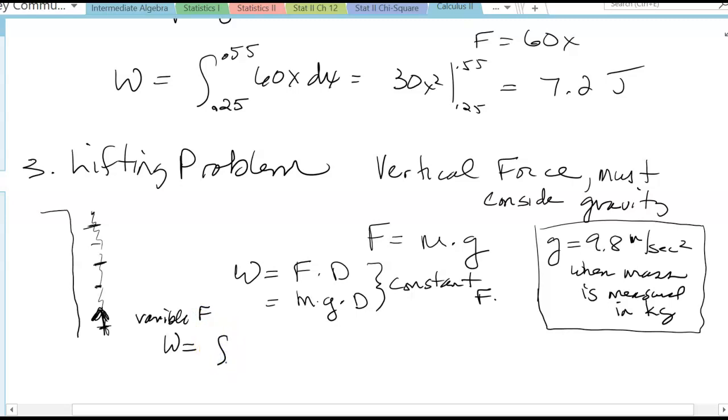So our integral is going to go from 0 to L. And we're going to let L represent the top distance, right? From 0 to L. So we have our mass, which is our density here, times gravity.